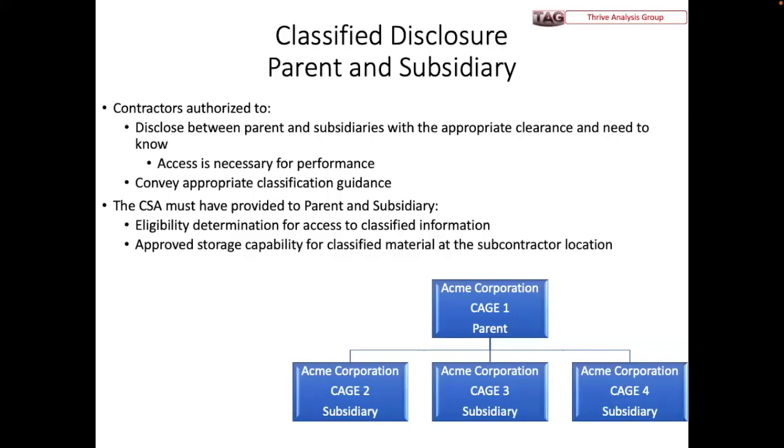Again, the DCSA's role is to make sure that the subsidiary or the parent both have that appropriate access to classified information and the ability to store that classified information.